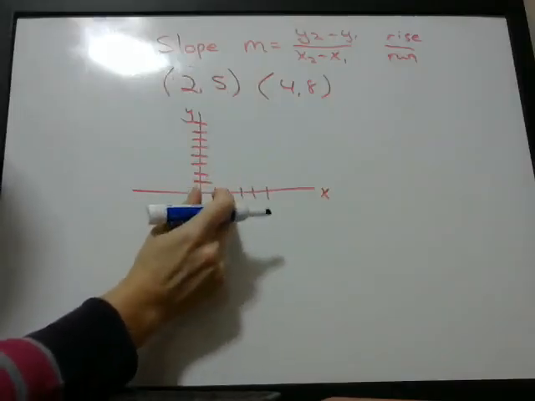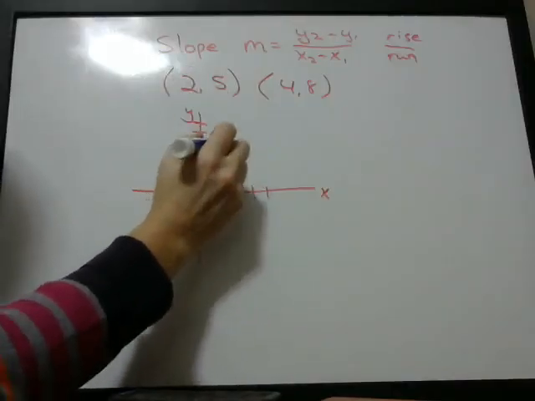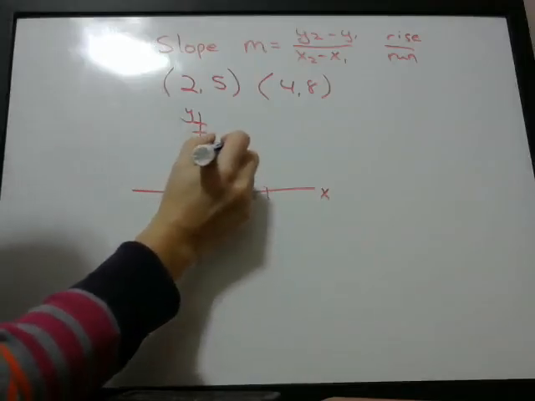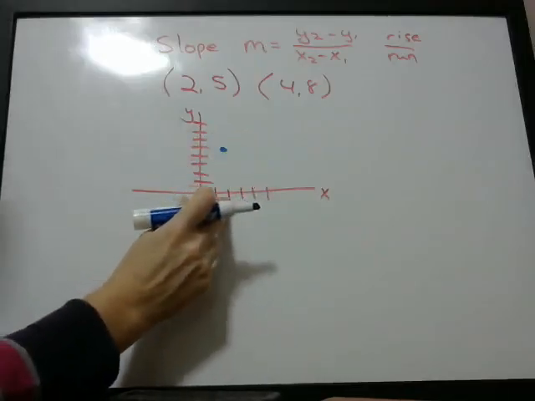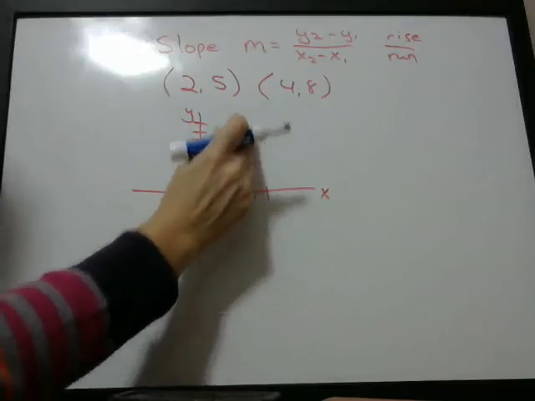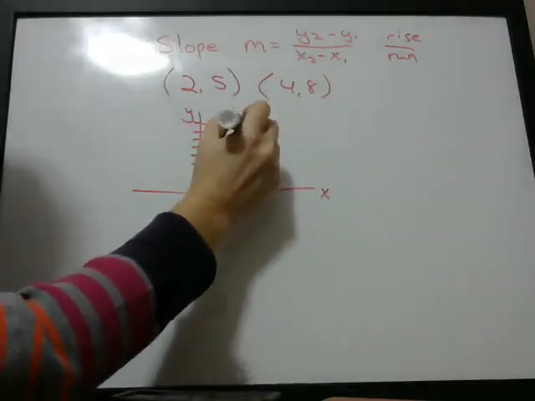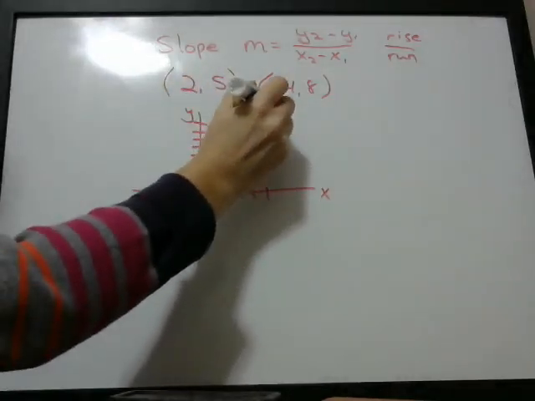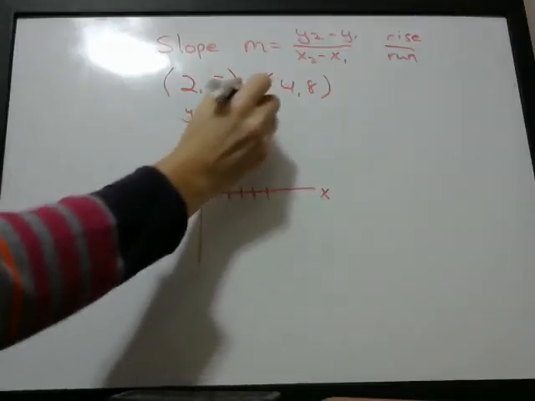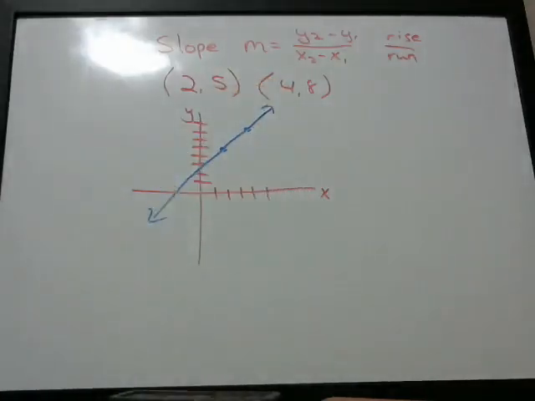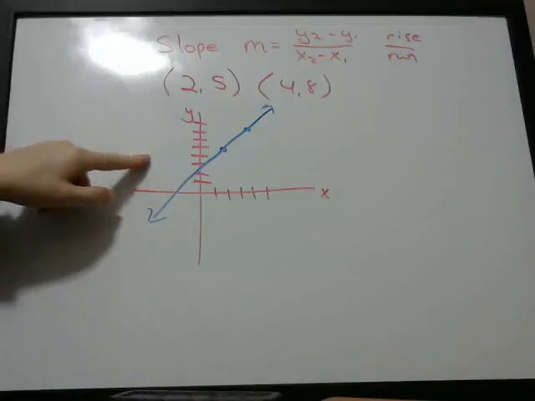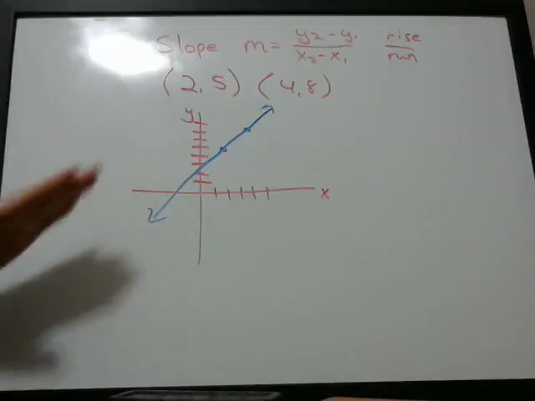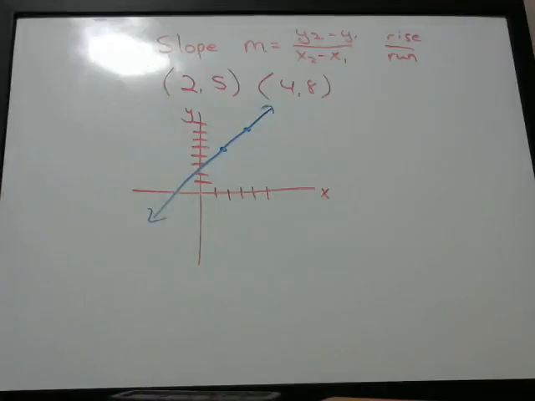So if this is 1, 2, and 1, 2, 3, 4, 5, we're going to plot it right here. The second point is 4, so 1, 2, 3, 4, and up 8. So we count up 8, and it's up here. So these are the 2 points. We've just plotted them, and we're going to connect them and figure out what is the slope of the line that connects those 2 points. So right away, we know the answer is going to be a positive number, right? Because it's going uphill.